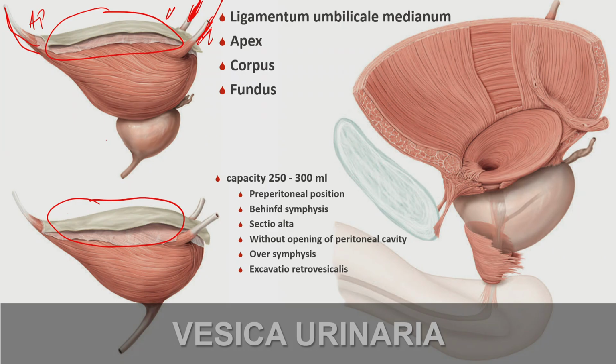We have an approach which is called sectio alta, a surgical section directly to the urinary bladder without entering the peritoneal cavity, formerly used in medieval and ancient times for removing a stone from the urinary bladder, and still used for approaching the urinary bladder when it's not possible through the urethra.